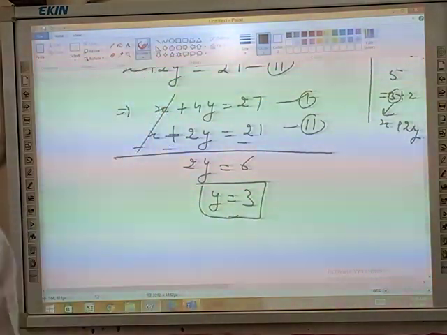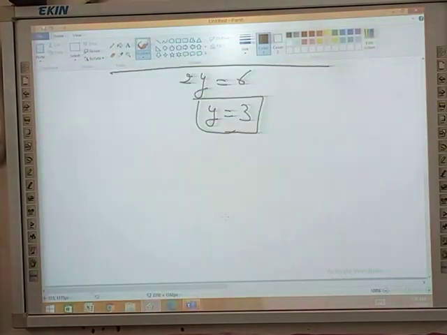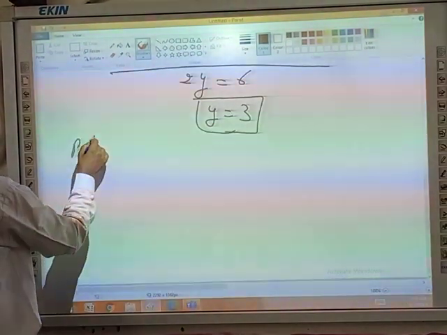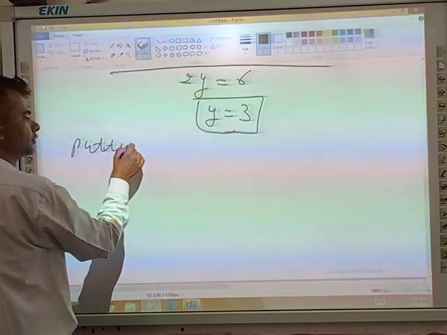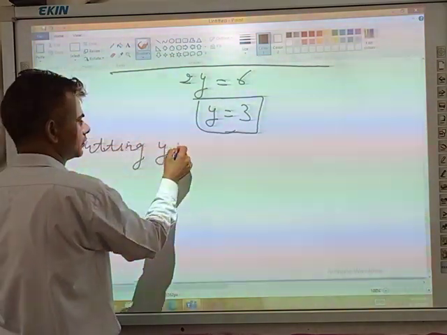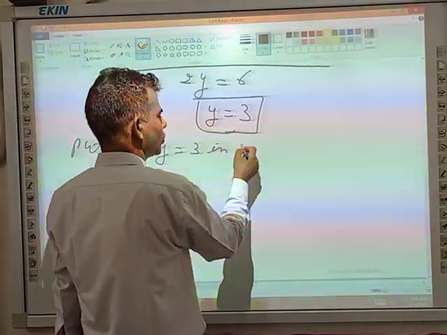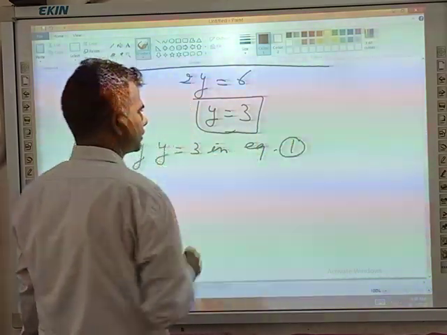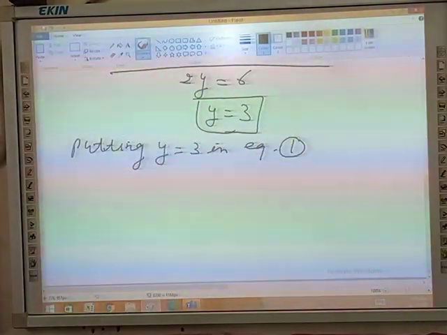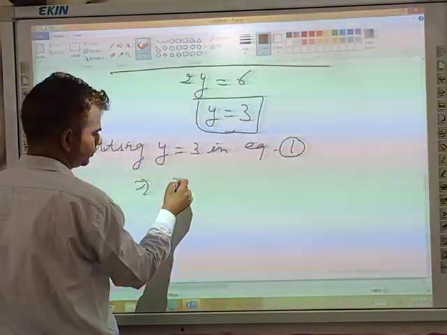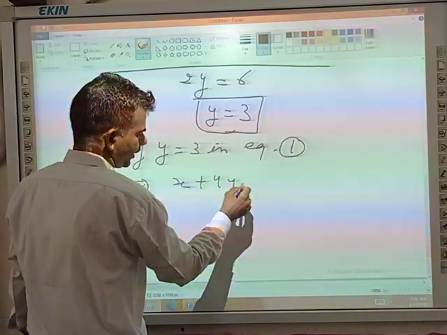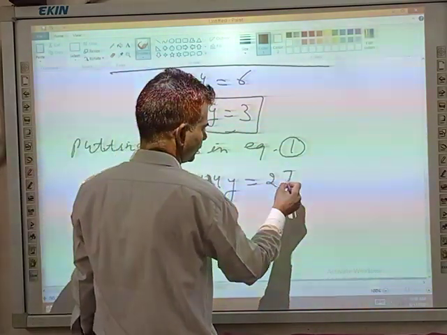Putting y is equal to 3 in equation first, x plus 4y is equal to 27.